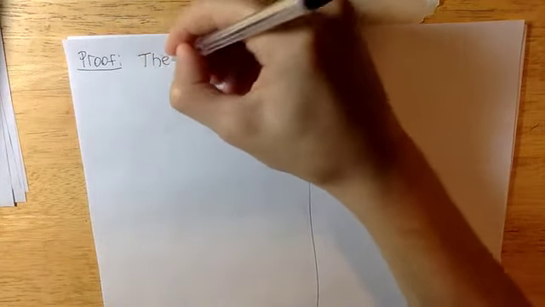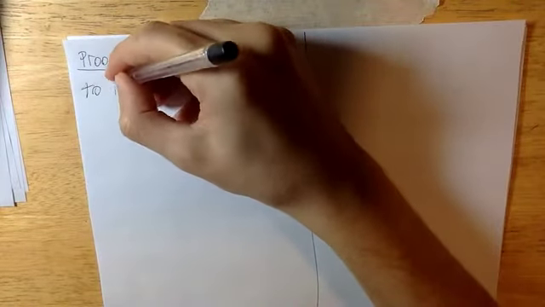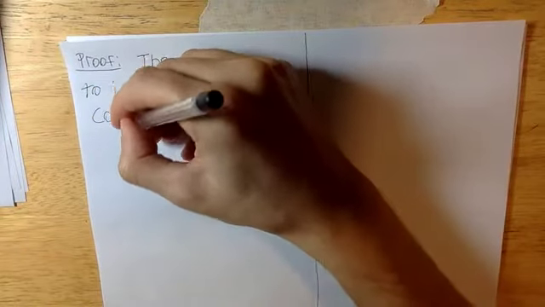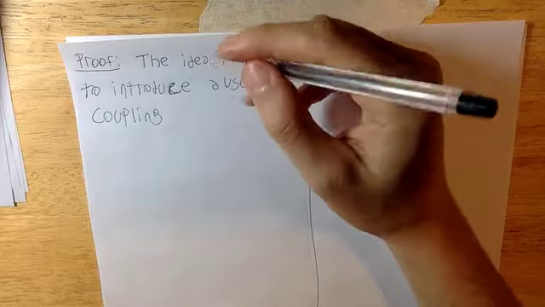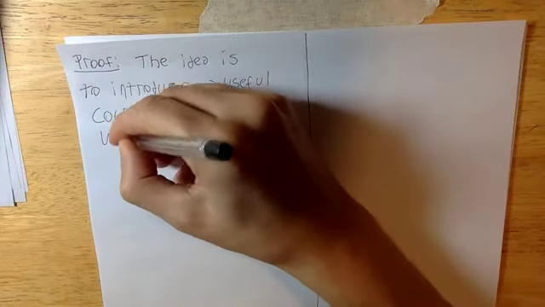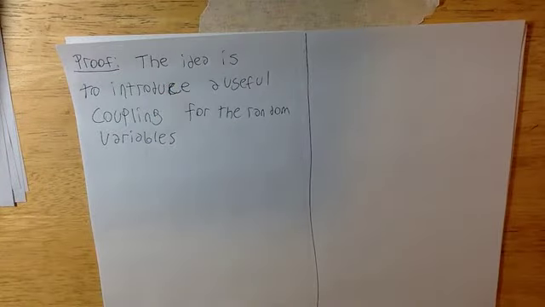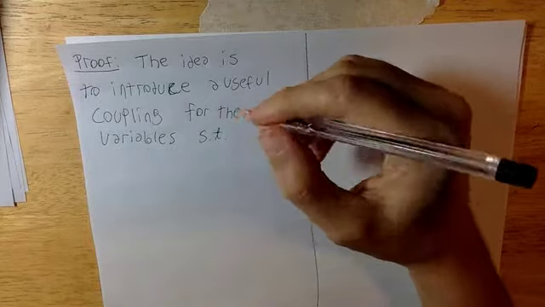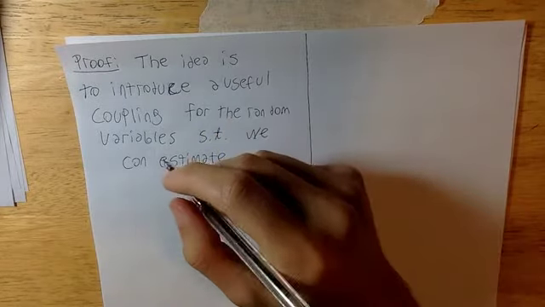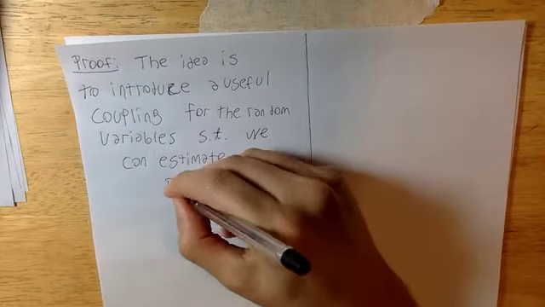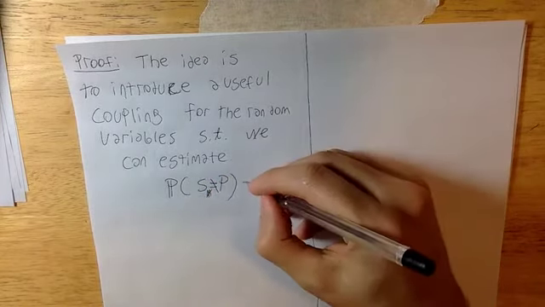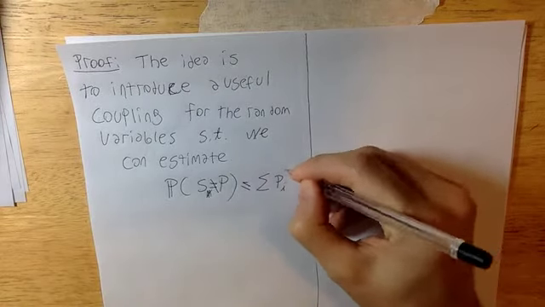So the idea is to introduce a useful coupling for the random variables, such that we can estimate the probability that S is different from P is less or equal than the sum of p_i squared.